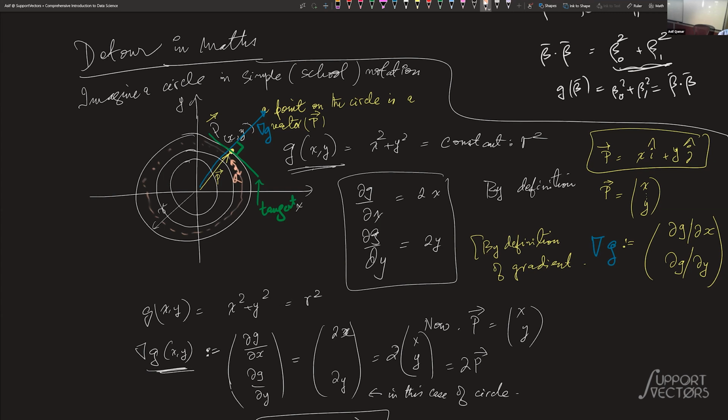If I go along the curve, is G increasing or decreasing? Unchanged. It remains the same if you go tangential to the constraint surface.